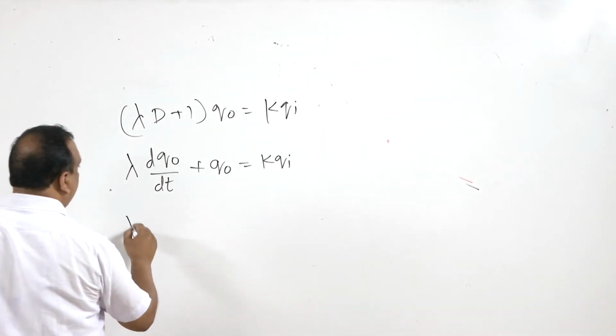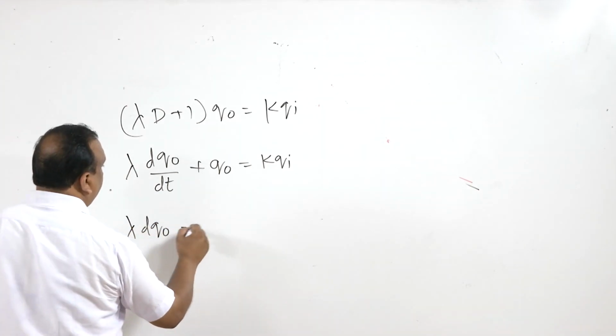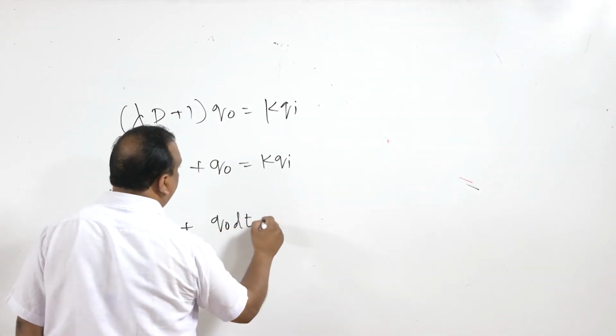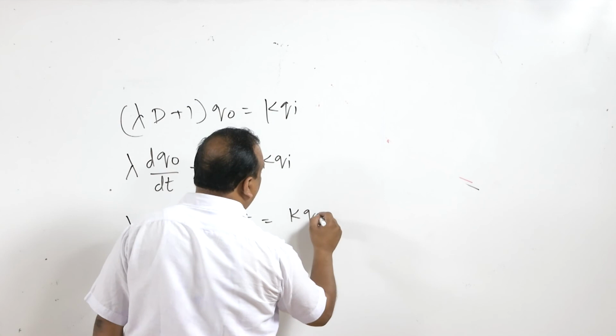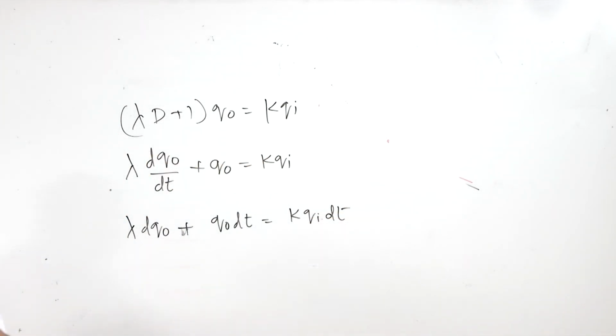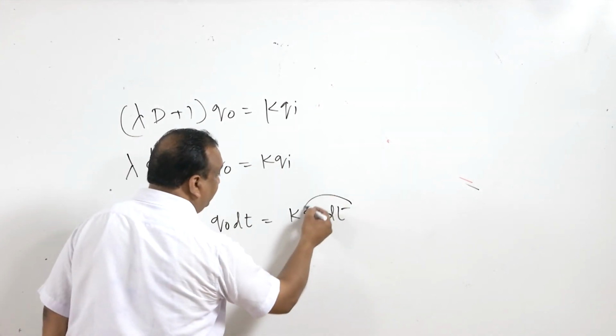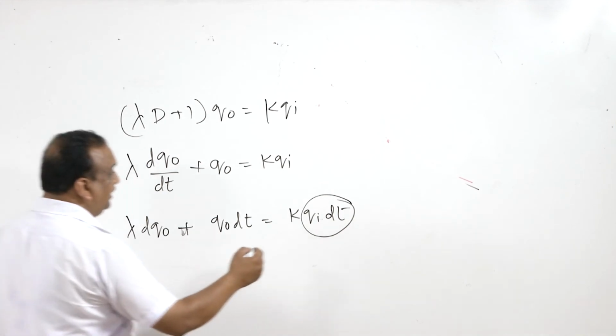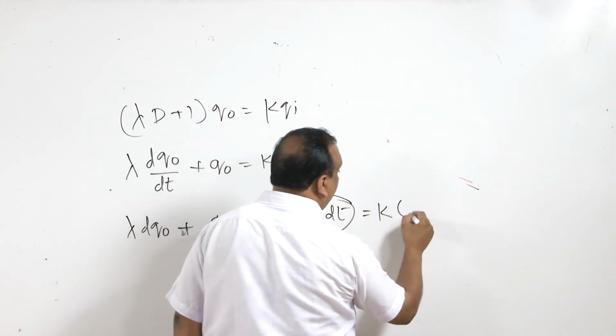Or lambda dQO plus QO dt is equal to K QI dt. Fine. Now this QI dt is area. So this is K multiplied by area.